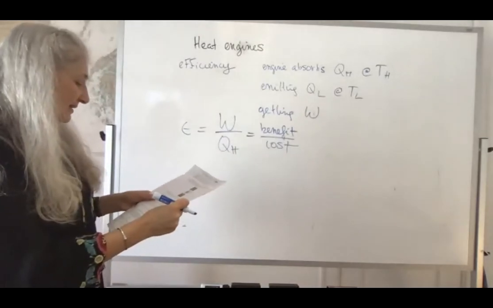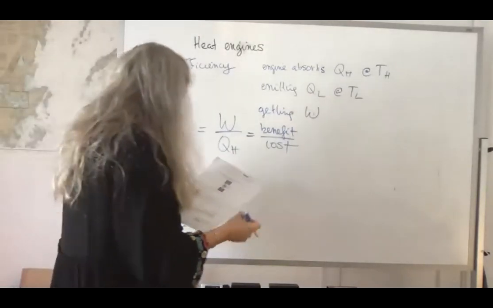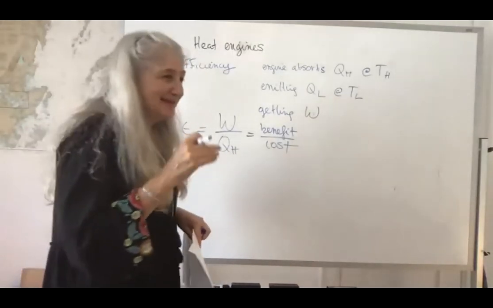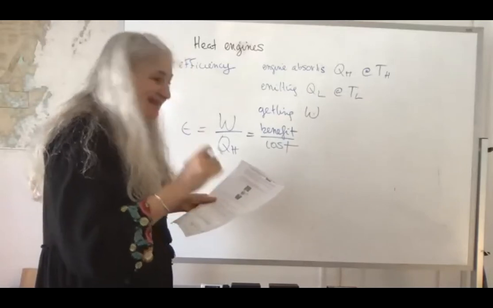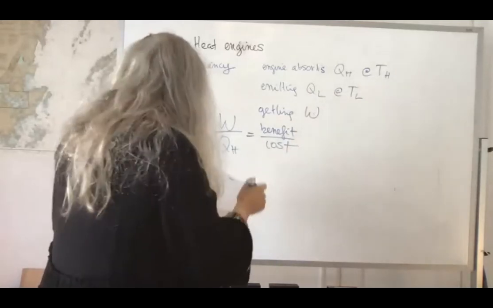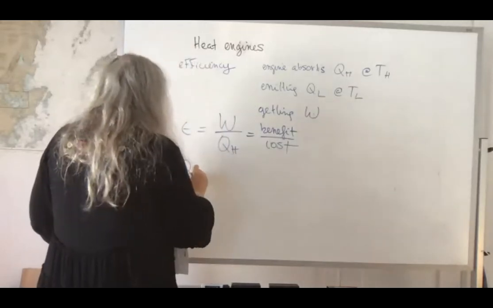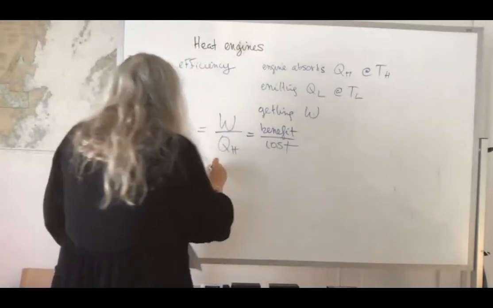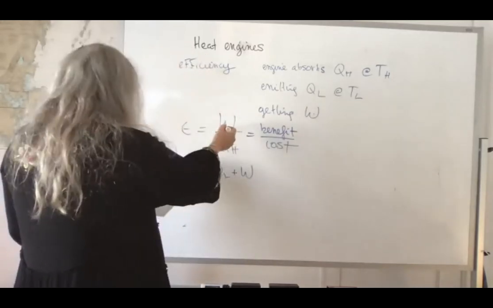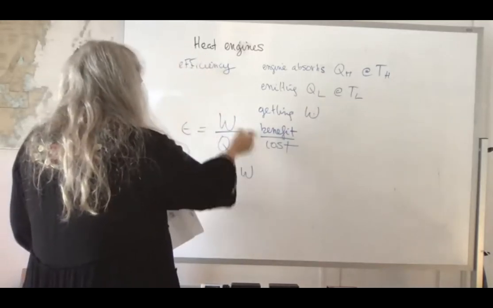Since the engine goes around in a loop, the heat difference is the same as the work. So I can write QH is equal to QL plus W. And so I can replace this.